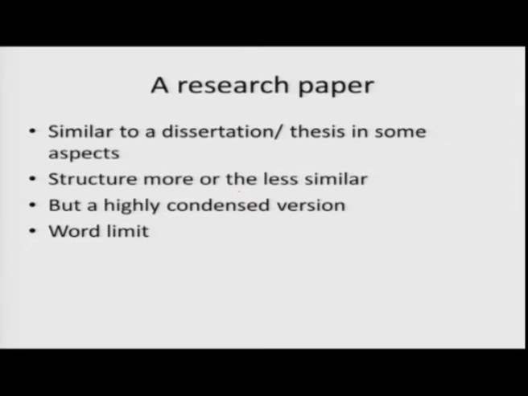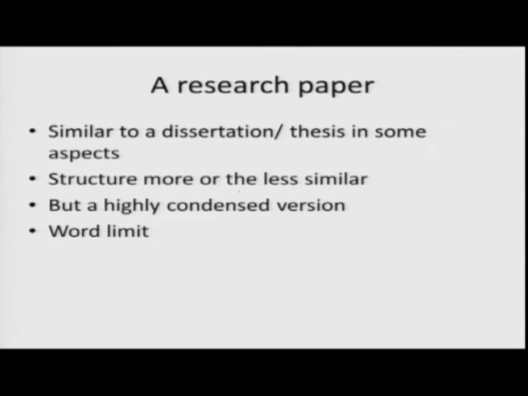So, usually people say that you can get many research papers out of a good dissertation. So, how does it work? A dissertation is actually, as I mentioned, a fairly long document, about 150 to 200 pages, sometimes even more than that.